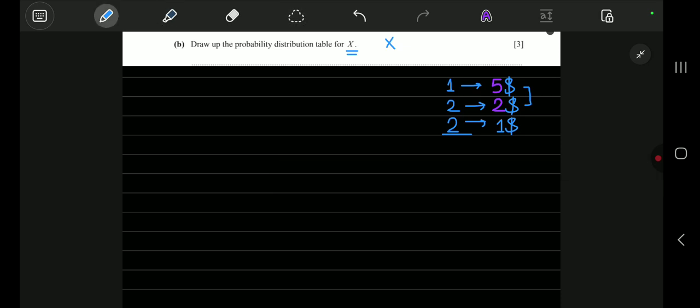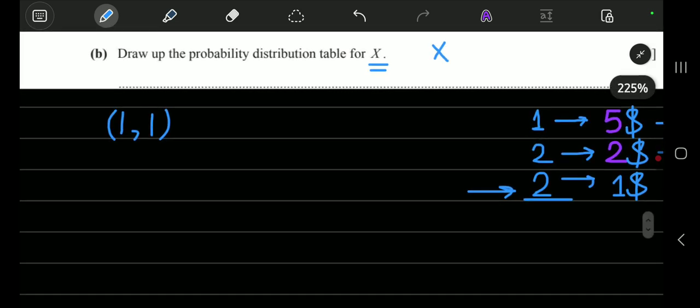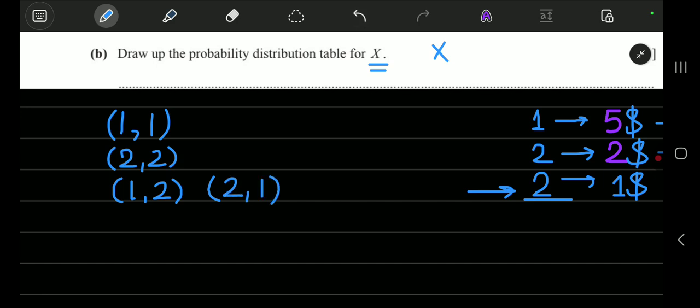First coin $1 and second coin $1. The second possibility is two $2 coins, so 2 and 2. Then you can have a $1 coin and a $2 coin, and firstly a $2 coin and then a $1 coin.